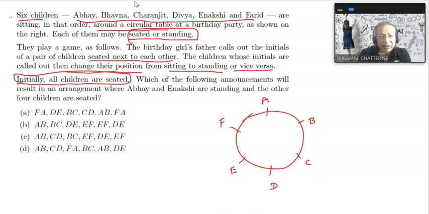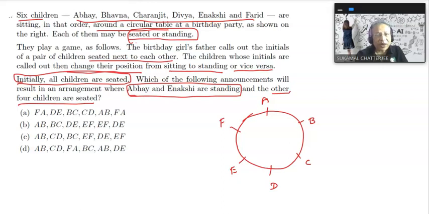Which of the following announcements will result in an arrangement where A and E are standing and the other 4 children are seated? So here what we have to understand is, if someone's name is called out once, then he will stand.